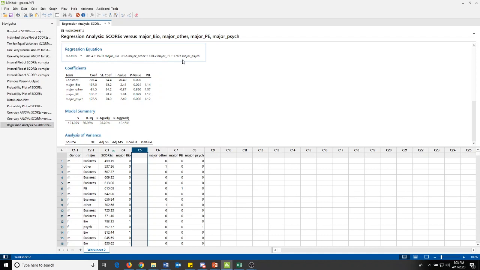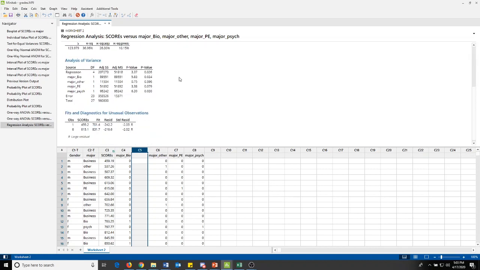And now notice something funny here. If I do my analysis of variance, my F value is 3.37 and my P value is the same at 0.026. If we think about it, we would have done the overall F test and said none of these add utility to the model. I'd calculate my F value as 3.37, my P value 0.026.